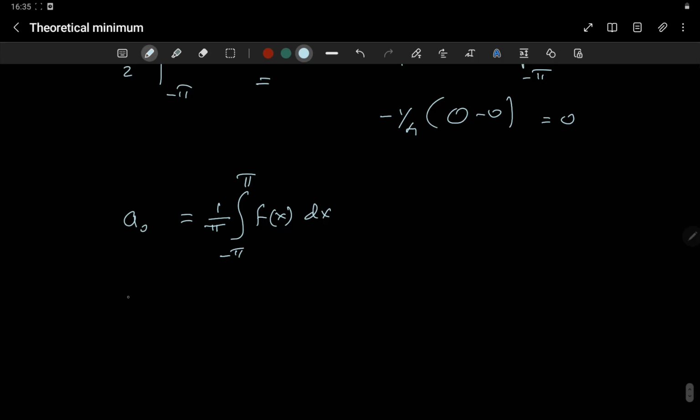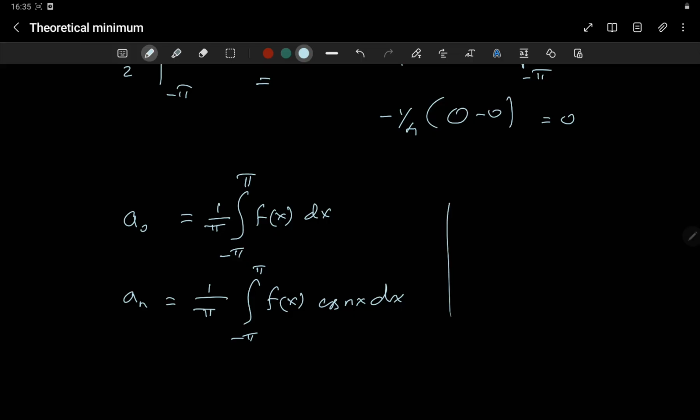And then an is 1 by pi integral from minus pi to pi of f of x cos nx dx. It's nothing but we are doing an inner product.